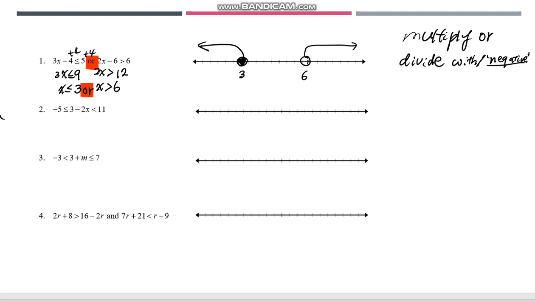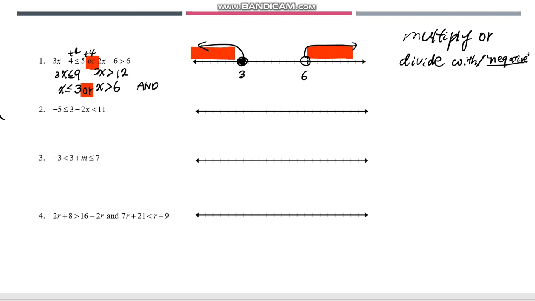Therefore, the answer is this part and this part all together, since it is or. What if this were and? If this were and, then we get no solution because there is no common part between these two.